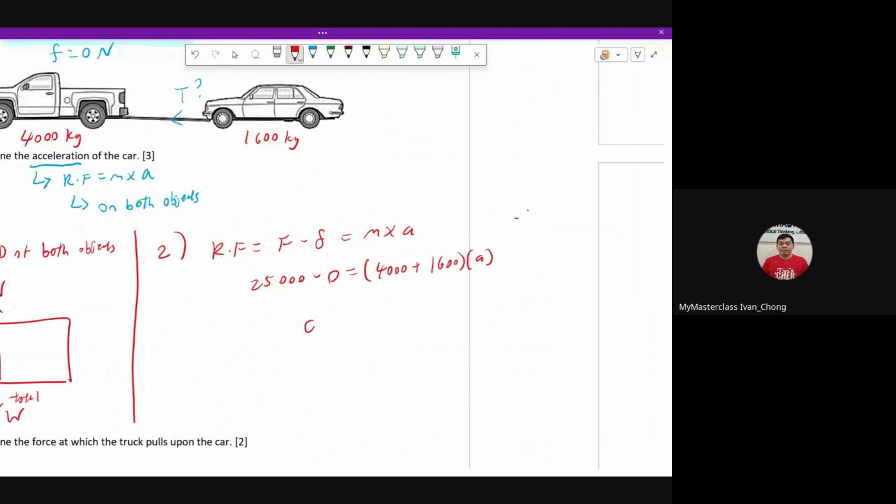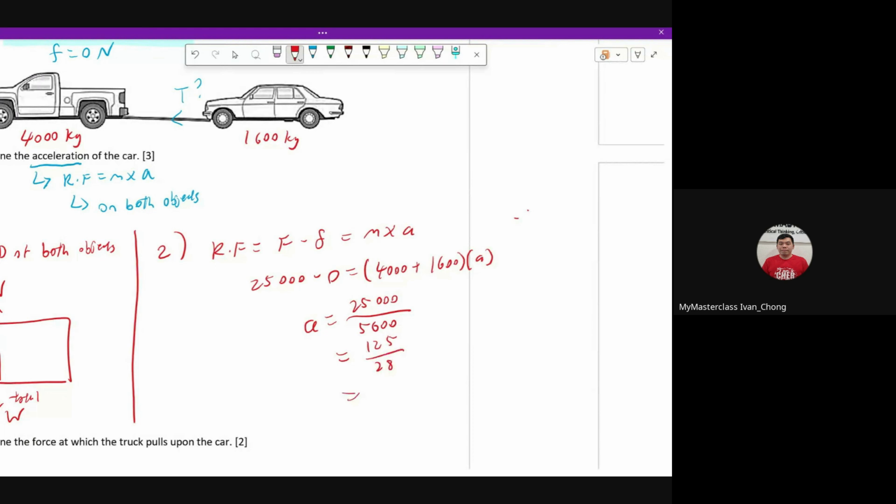So if you want to solve for a, you take 25,000 divided by 5,600. Okay, so press this in your calculator. 5600. You end up with 125 over 28, right?